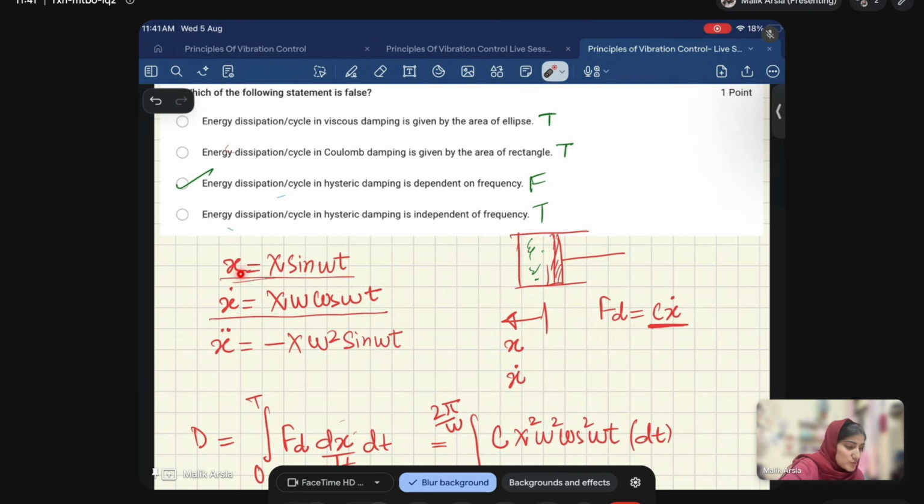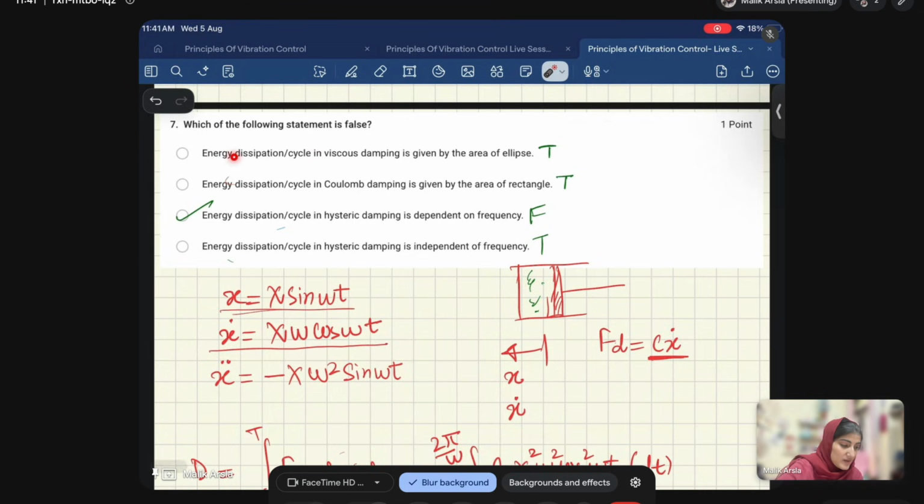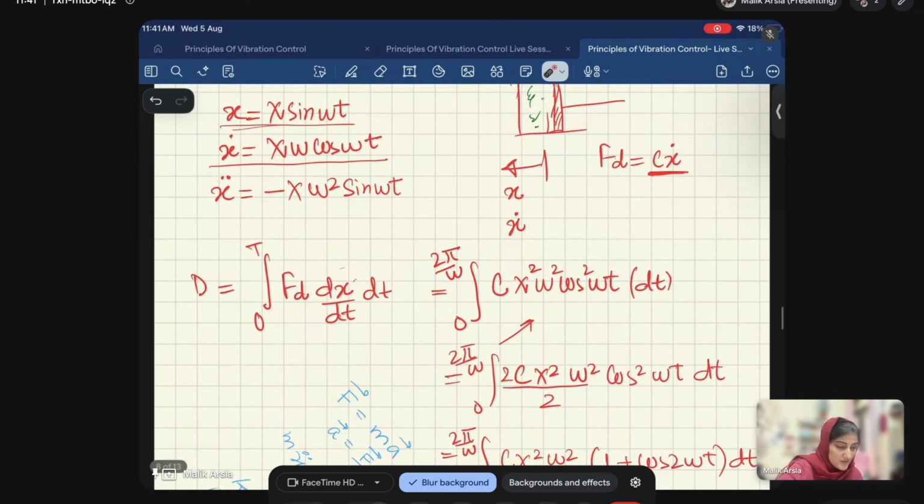Here also you can say that x can be a harmonic displacement profile, which is x sine omega t, and similarly we get x dot, which is x omega cos omega t. X double dot is minus x omega square sine omega t. Now since we are talking about energy dissipation per cycle, let's calculate that. The energy dissipation per cycle is nothing but f dot dx, the work done.